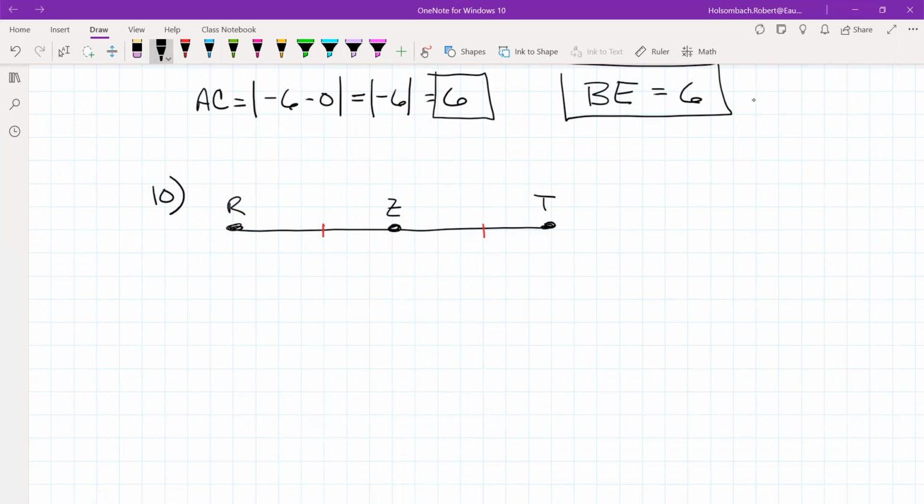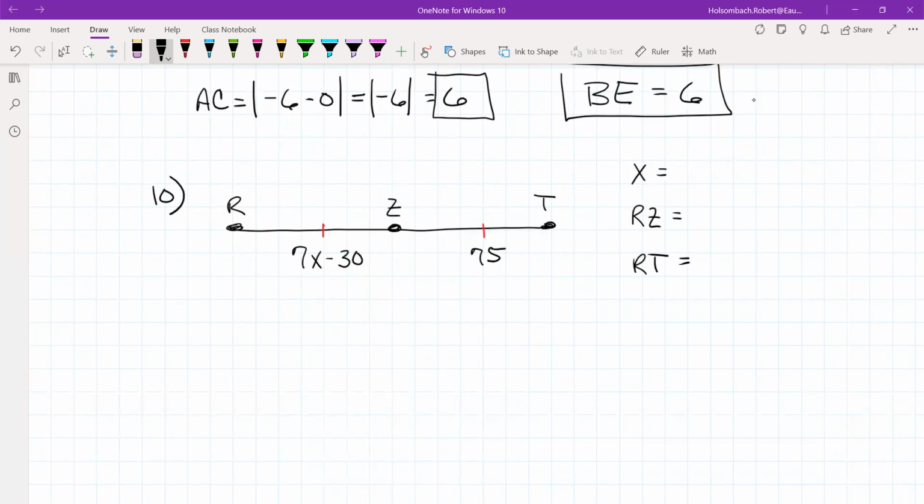R to Z is 7x minus 30. Z to T is 75. And they're asking for X, RZ, and RT.